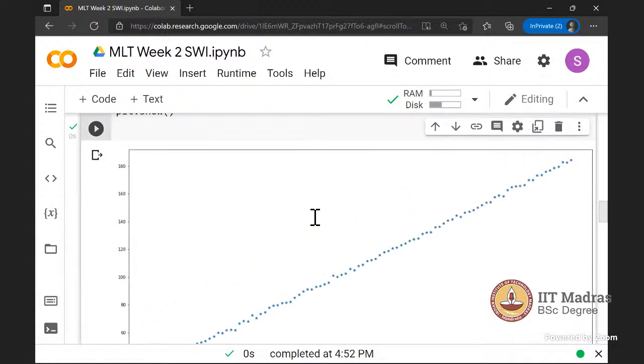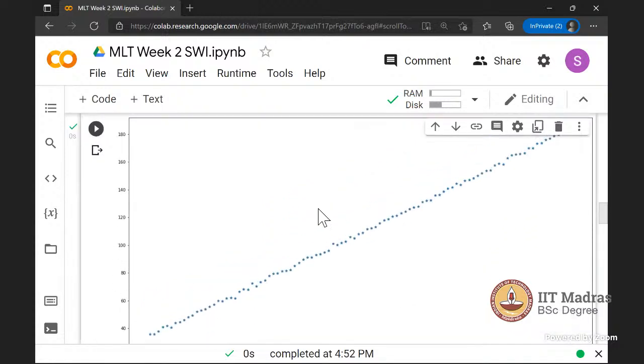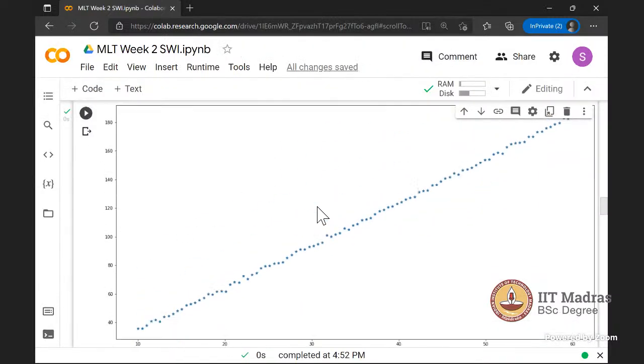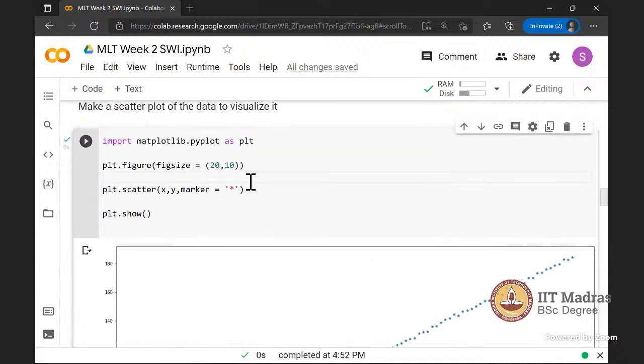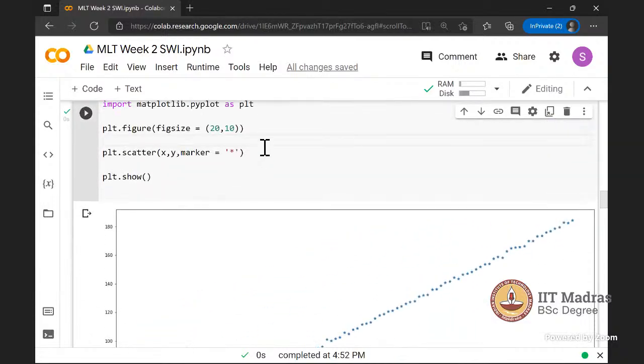And there it is. We can see the chart. Is it visible to everyone? Yes, sir. Okay, great. So before we proceed, there are a few things I would like to demonstrate about plt charting. Just a few things, not more.